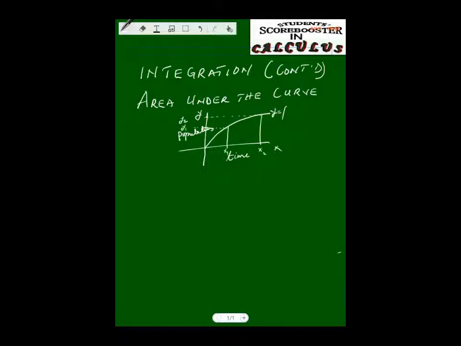For instance, assuming that I want to find the area of this, let me just redraw this one to make it clearer. So if I have something like this, I have y equals f of x, and this is my origin, y0, and I have these points that I want to find the area.